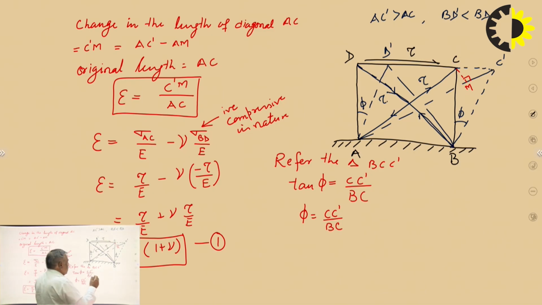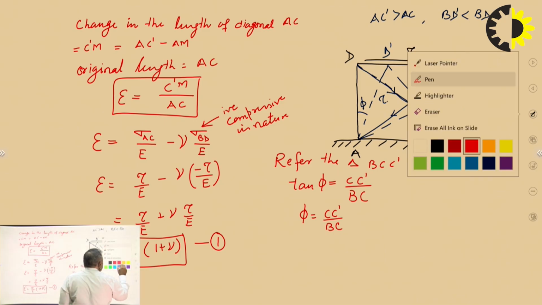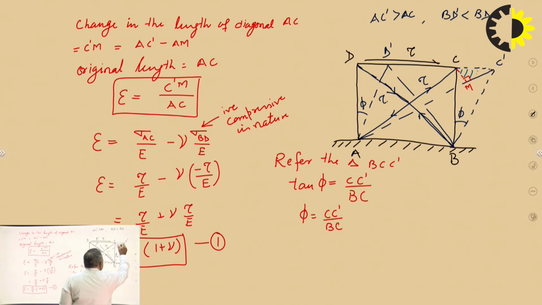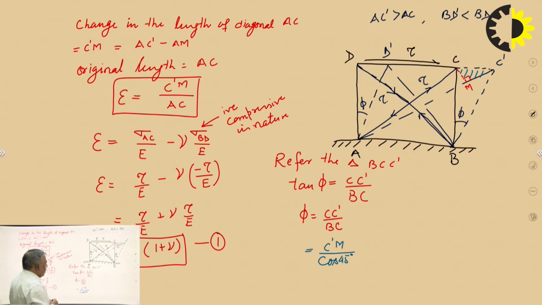Now refer to this triangle. So what is CC prime? CC prime is C prime M upon cos 45. Right, this is phi. Now what is BC?